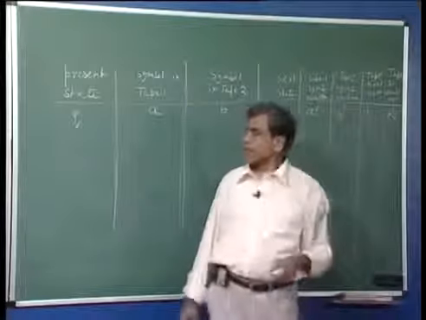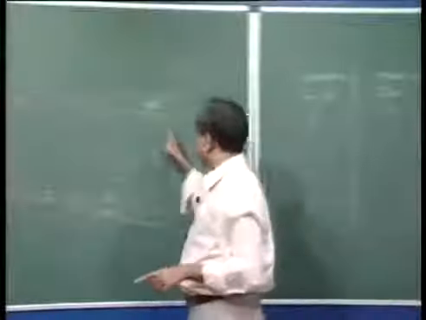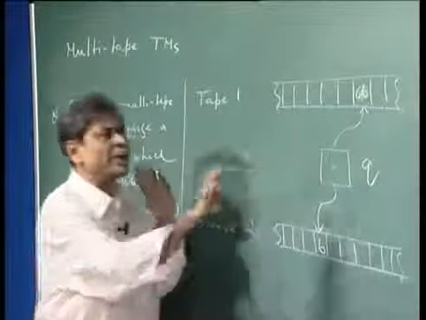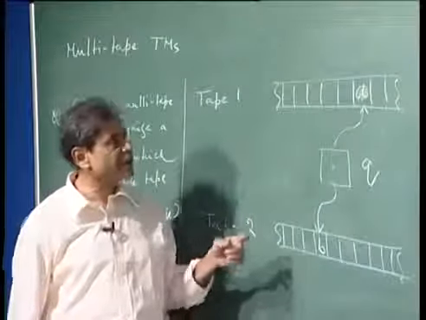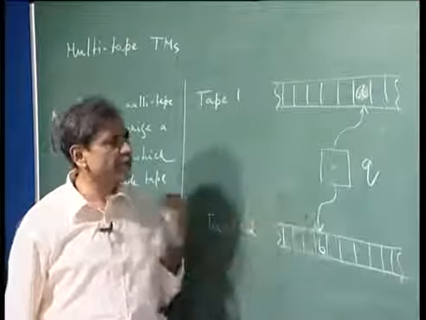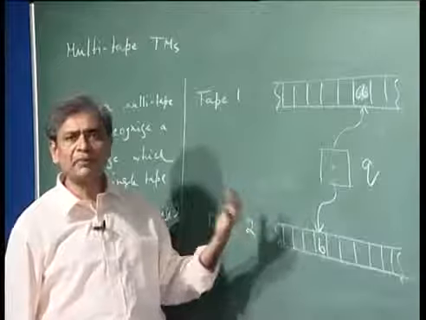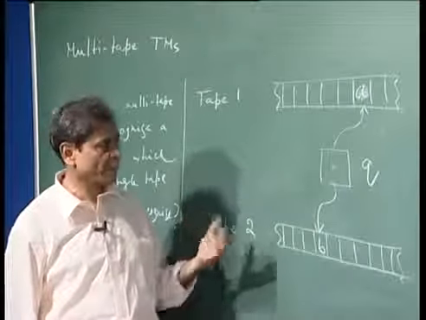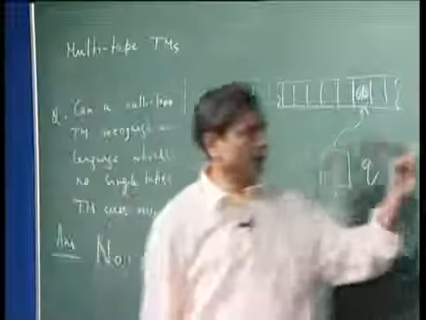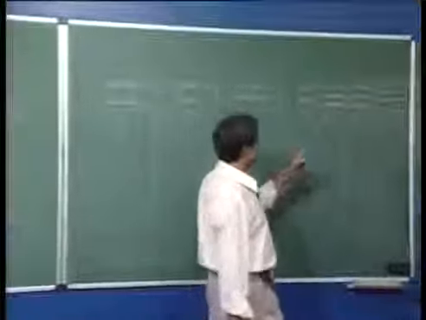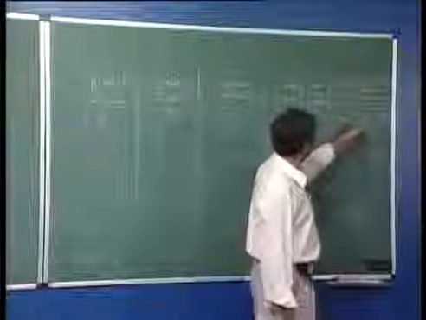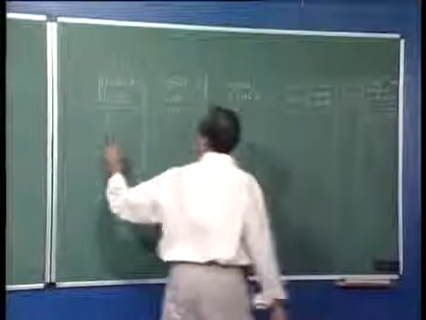Now, since there are two read write heads, their movement need not be synchronized, in the sense one can move to the left and the other can move to the right, or both can move to the left or both can move to the right.